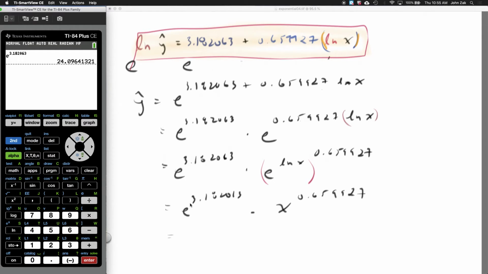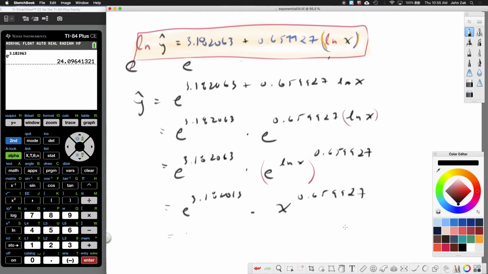I dropped it. Here we go. Calculator says that this guy is the number 24.09641 or so. And then I've got times x, and then of course I'll rewrite what the number we had here, which was 0.659927, right?